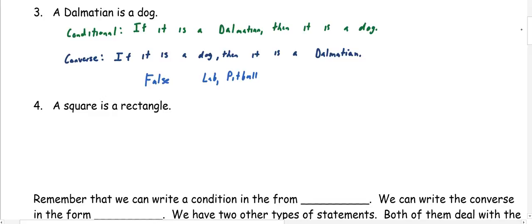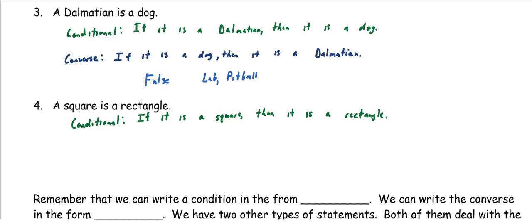Four, a rectangle is a square. So our conditional statement would be if it's a square, then it's a rectangle. Our converse then is going to switch the order.